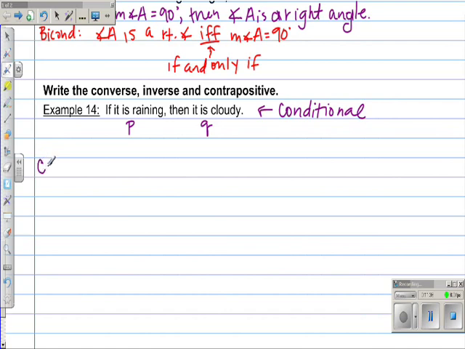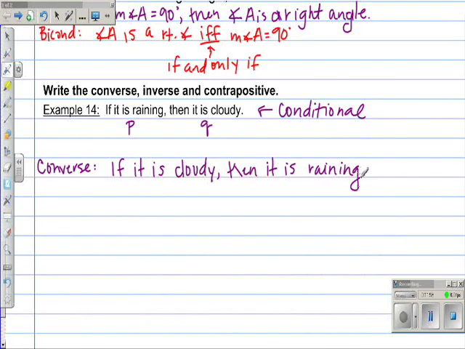Now, your converse would be, if it is cloudy, then it is raining.